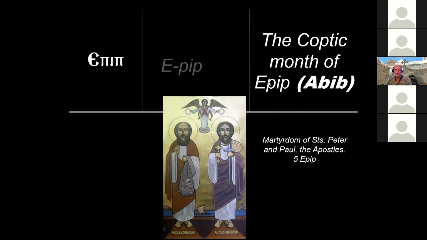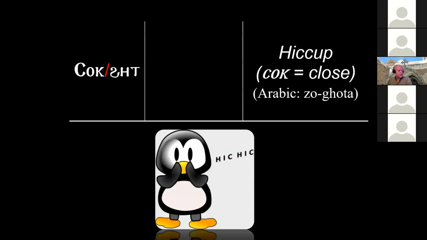You know, in Arabic there is no hard P, so the P becomes like a B. But the correct Coptic pronunciation is Epip. On 5 Epip, this is the feast of Saint Peter and Saint Paul, the feast of the apostles. Okay, good job.